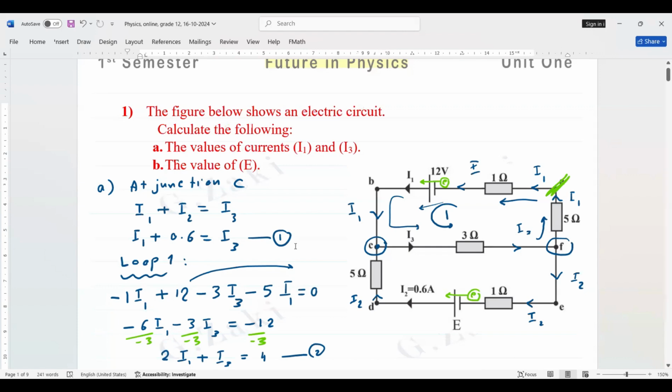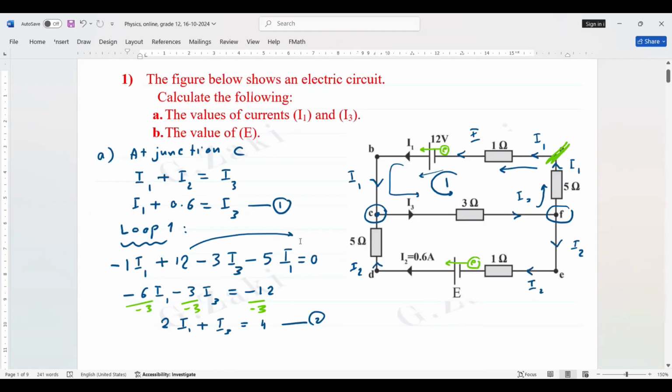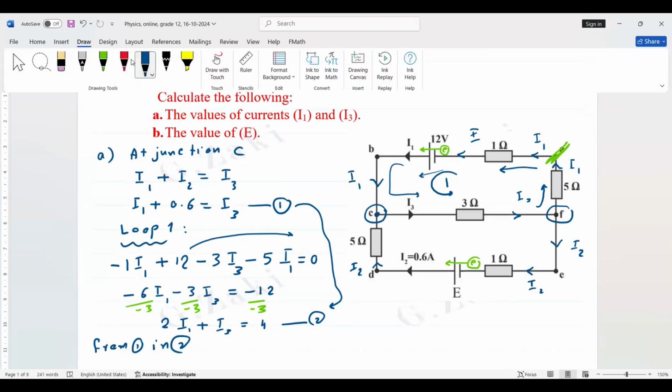Okay? Now, here in equation 1, we have the value of I3 in terms of I1. Then we substitute from equation 1 in equation 2. What do we do?